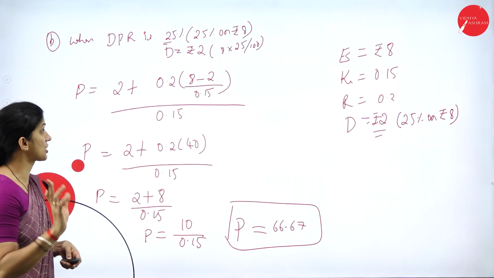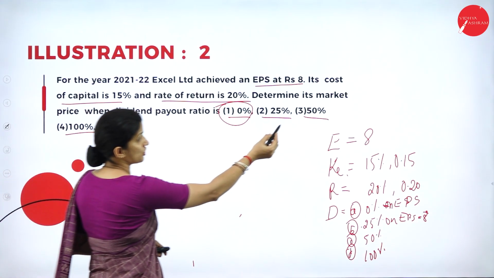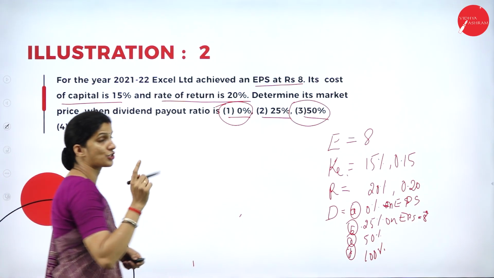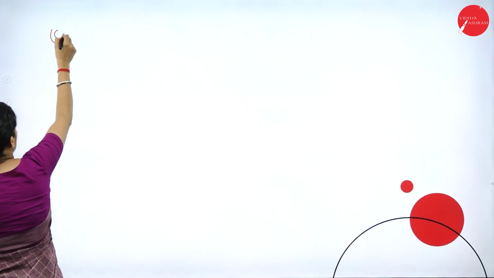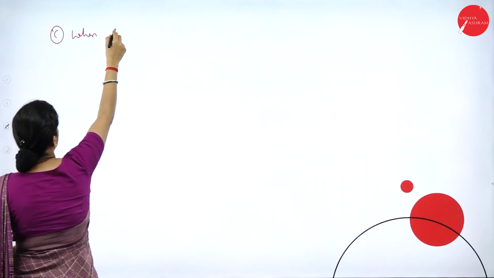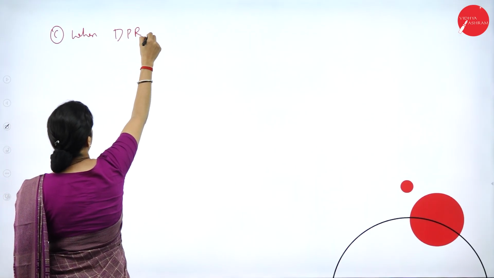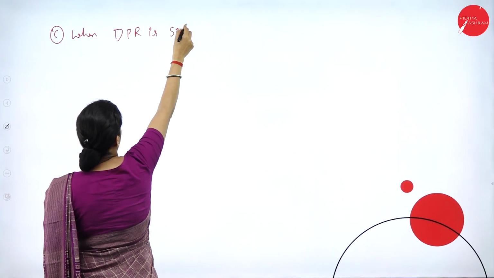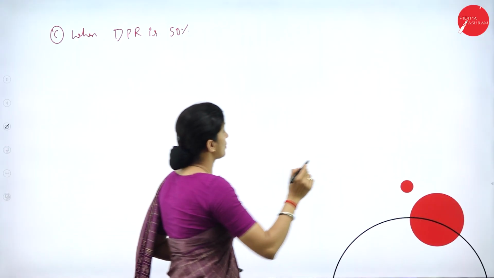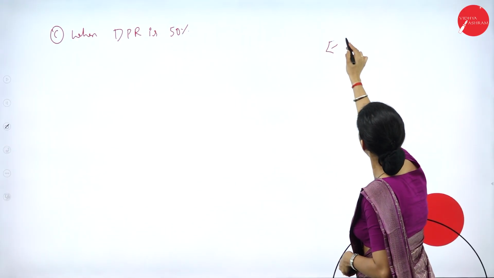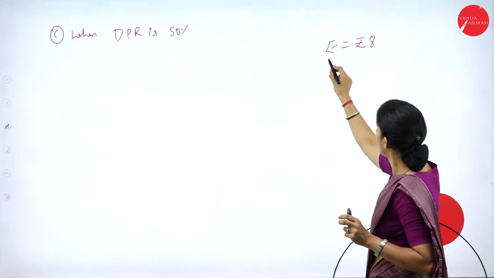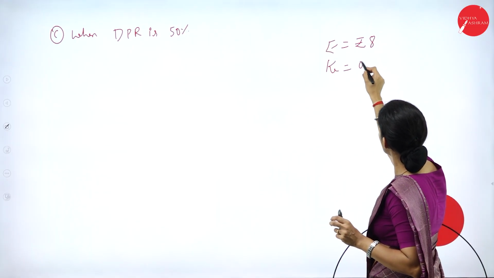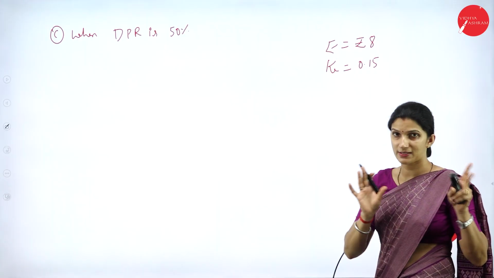So next, the third situation in the question. The third situation is when the dividend payout ratio is 50%. So that means your EPS will be same, that is rupees 8. Your E will be same. KE also is 0.15, same.